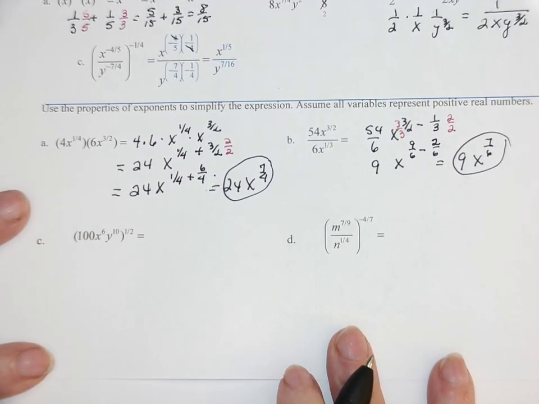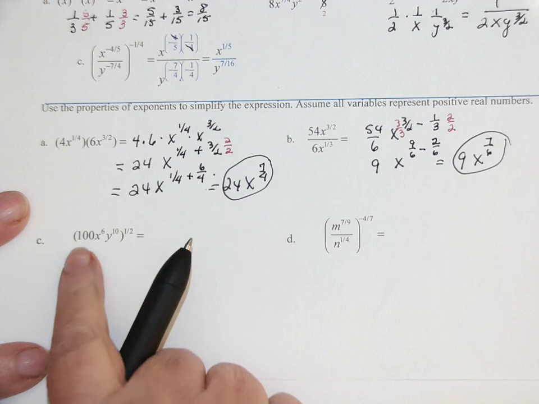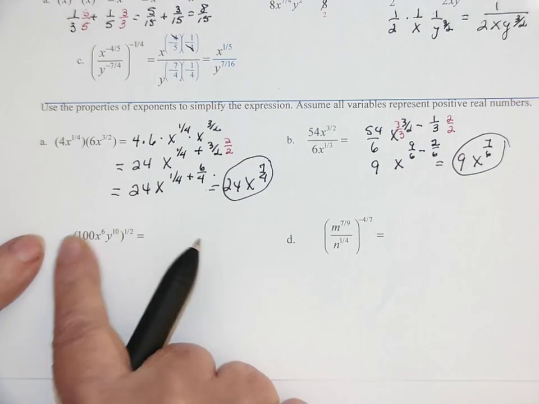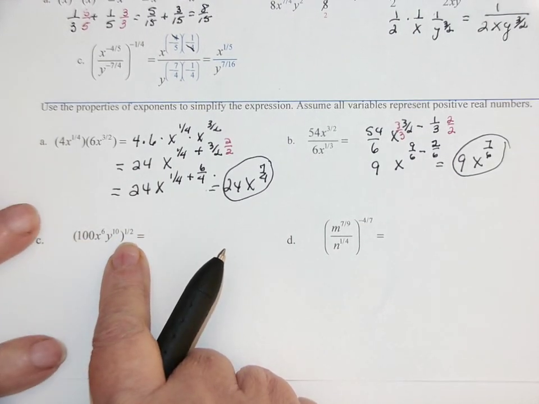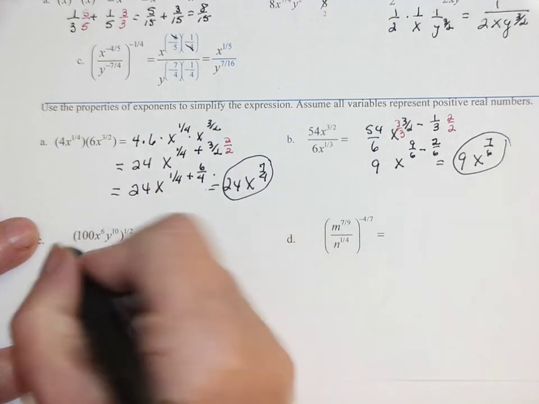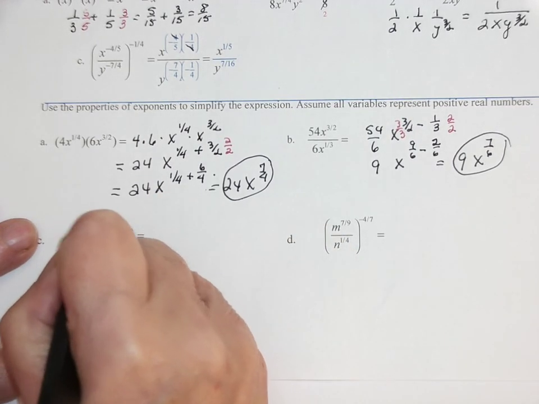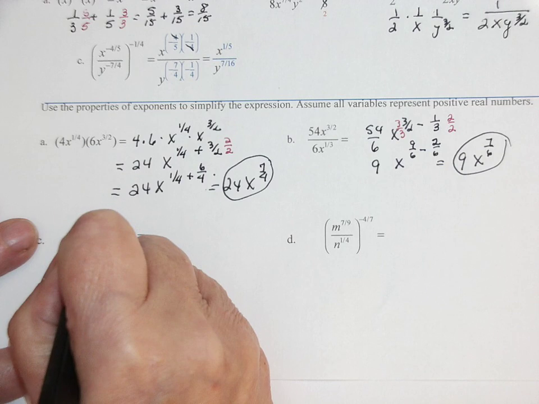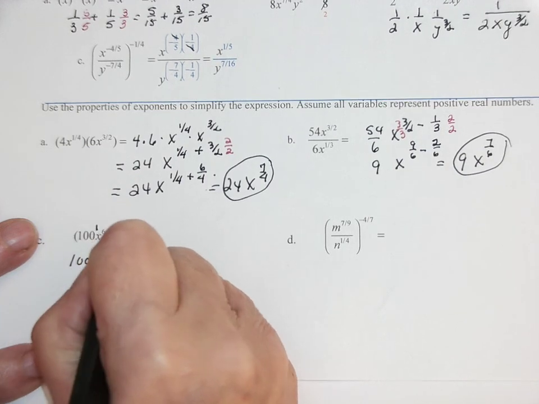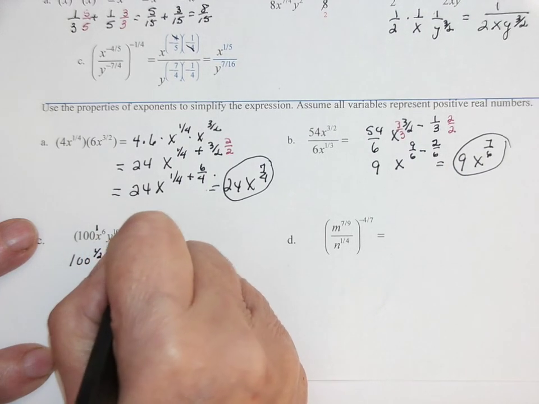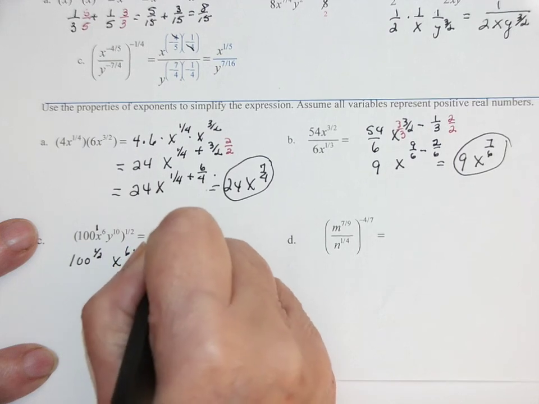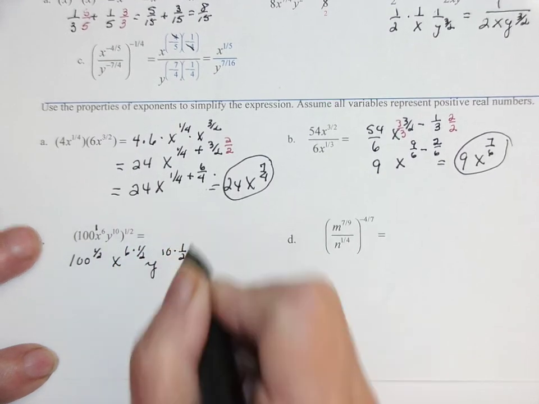Now, there are two ways of looking at this, and I could say this is the square root of this whole thing, and that would make life easier. Or properties of exponents would say it would be 100 to the 1 power, so this is to the 1/2. x to the 6 times 1/2. y to the 10 times 1/2.